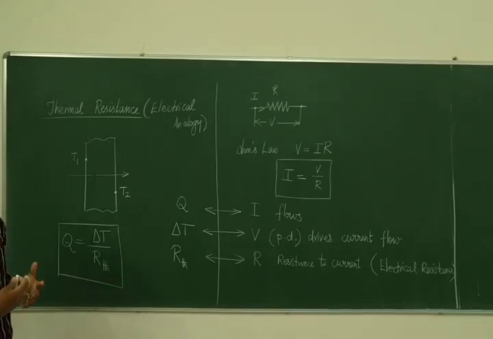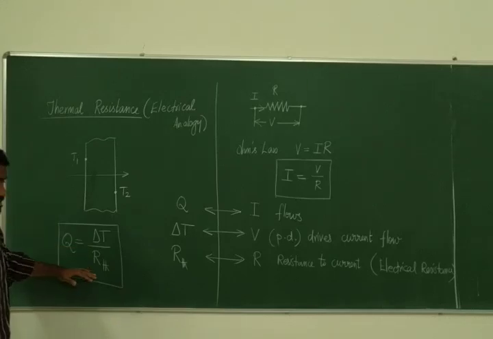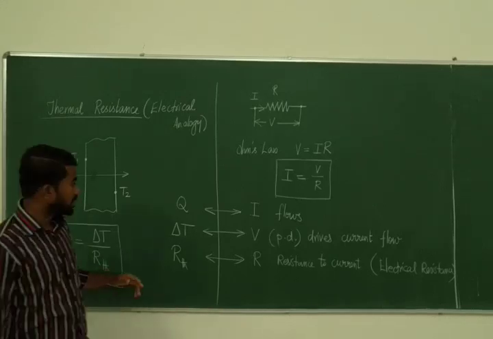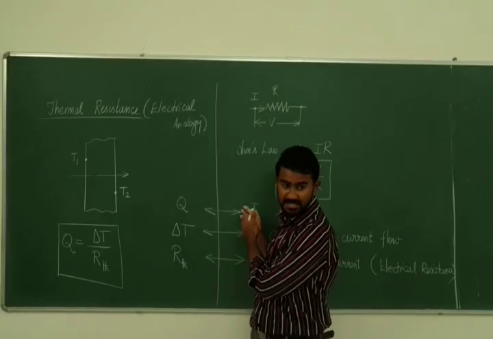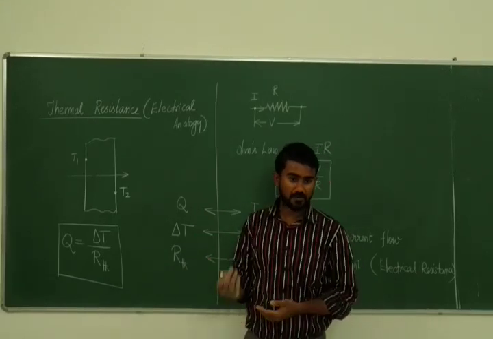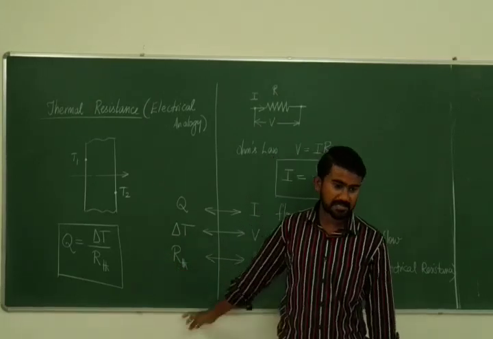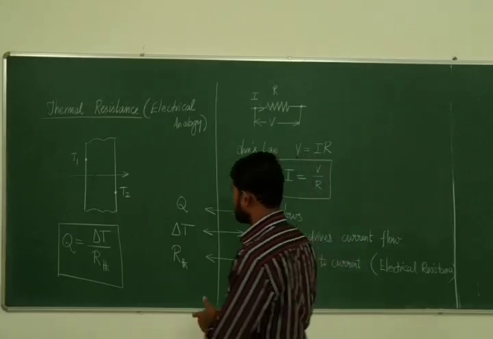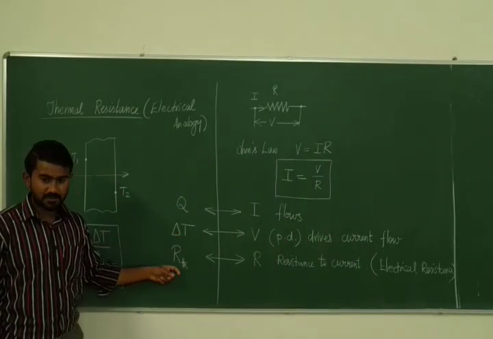Instead of going to the basic differential equation of heat conduction every time to solve problems, we are going to use this formula effectively and solve problems where walls are in series or in parallel, or a combination of series and parallel walls. We are going to make use of the thermal resistance concept. The first idea is to find the analogous quantities.